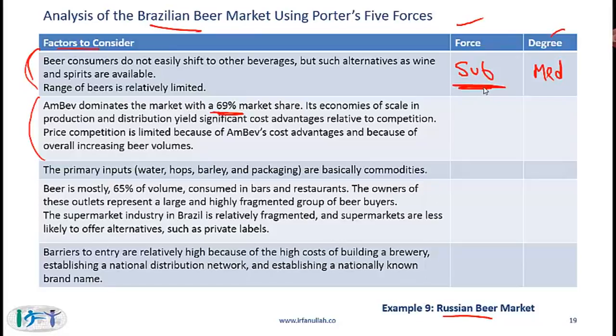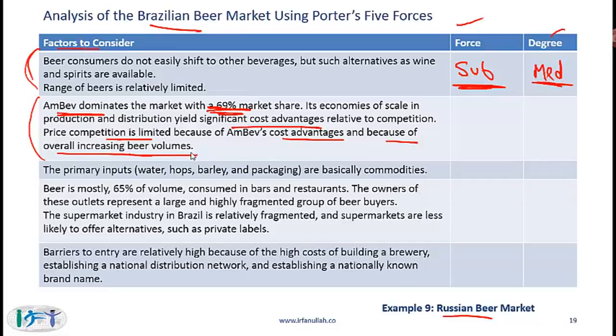So the first force is the threat of substitutes, and here the degree is medium. It's clearly not high. One could argue low to medium. Next point related to a particular company in the industry which has 69% of the market share. Economies of scale in production and distribution yield significant cost advantage. Price competition is limited because of the cost advantage and because of overall increasing beer volumes.